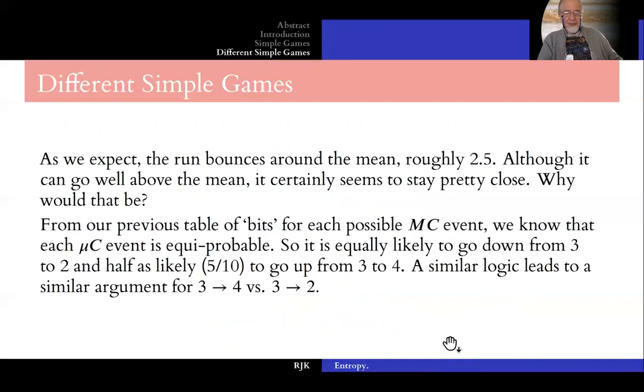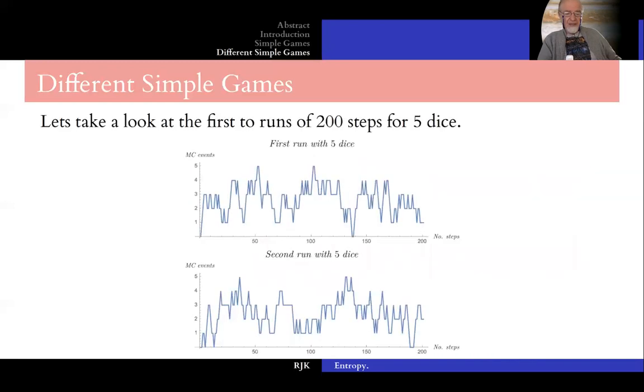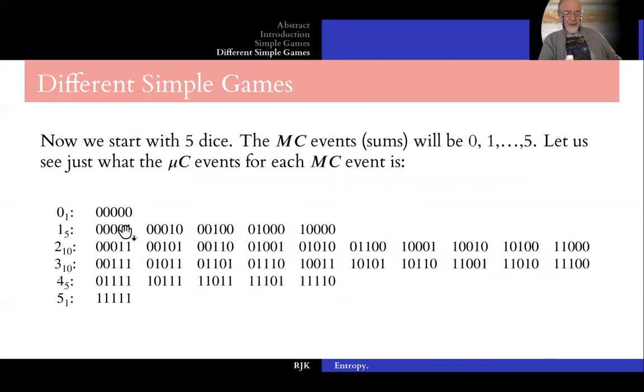From our previous bits of probability, we know that the events are equiprobable, and so it's equally likely to go up from 3 to 2, and half as likely to go up from 3 to 4. If you take a look at the outcomes here, there are 5 equiprobable ways of getting down, there are 10 of these and 5 of these.